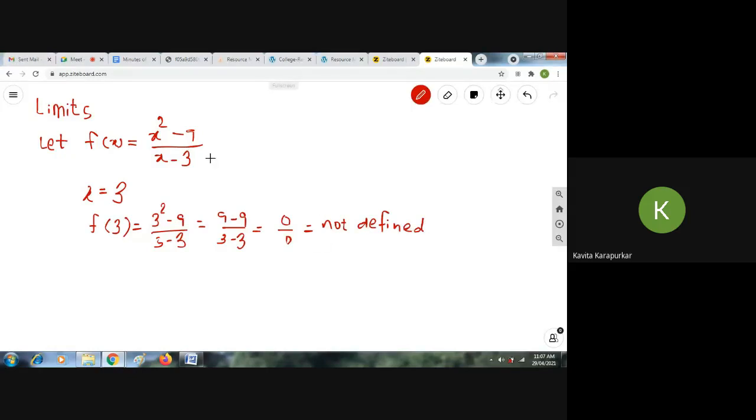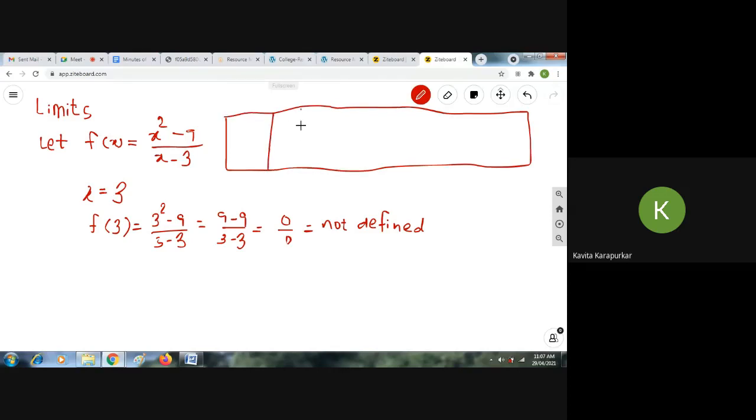Okay, so let me make a small table and we will see what happens to this function when x is taking these values. So I will have two rows, one row for values of x and the other for corresponding values of the function f of x.